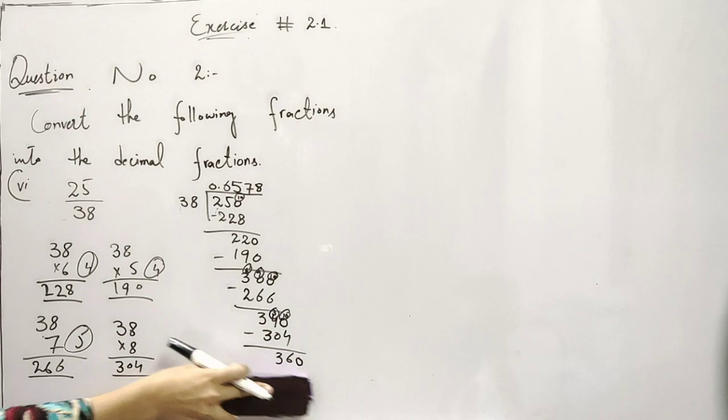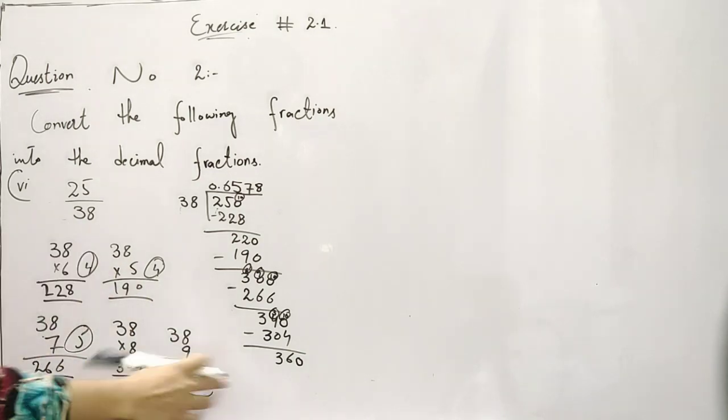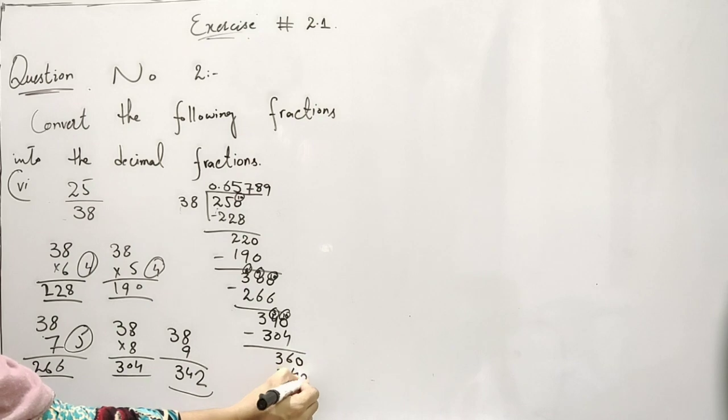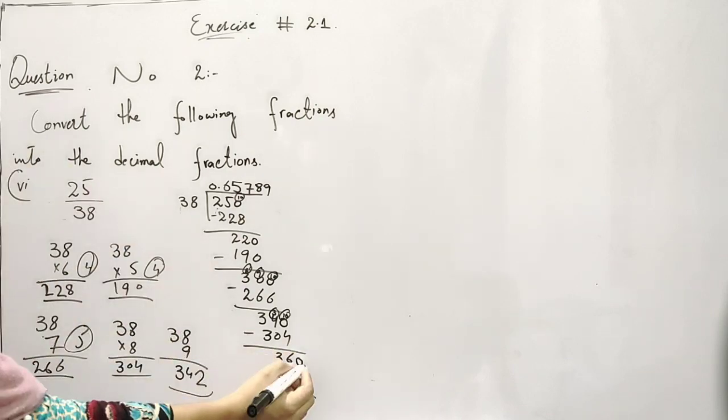This value is less, so multiply 38 by 9. This is 342. So this is also less than 360, so we can write here 342, and minus 342 from 360.